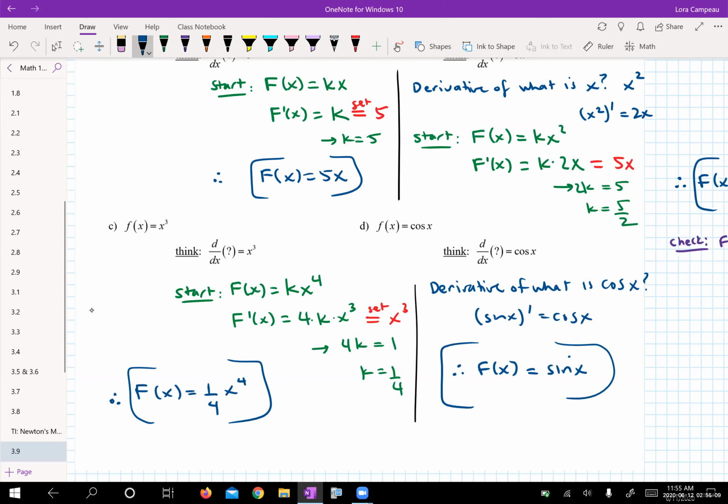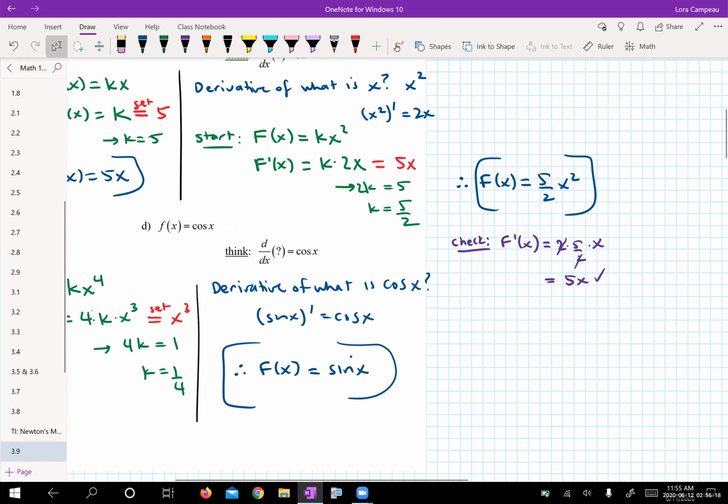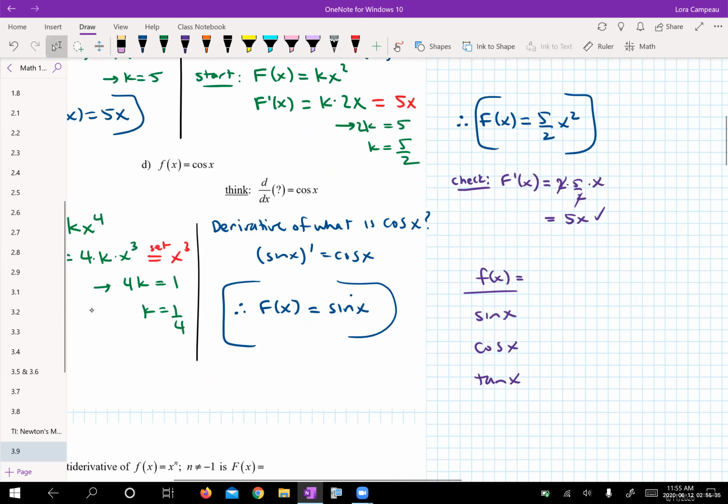So sometimes with the trig functions, if you have a good idea of what the derivatives are, that can be helpful. Or if you prefer, you can start off by writing a list of your functions. For instance, f of x equals sine x, cosine x, tangent x, and so on. You can then talk about what the derivative is.